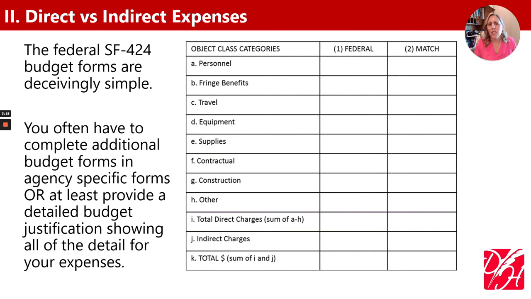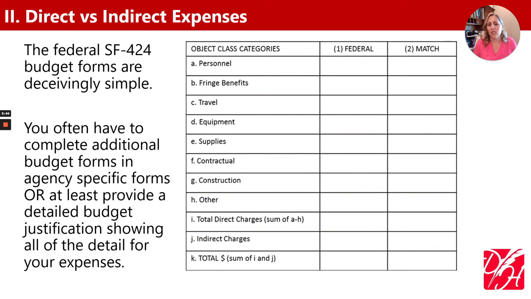But what's important to note in this rather deceivingly simple form is that everything from A through H in our class categories, they sum into our total direct charges. Again, those are the charges that if we did not have those expenses, if we did not pay for those expenses, we would not have a project or program.